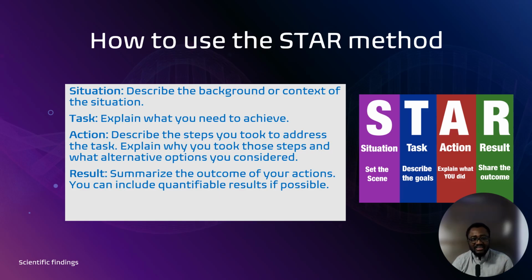The next is the task, and what you need to do here is explain what needed to be achieved. Followed by that is the action, the step-by-step process that you took to address the task.